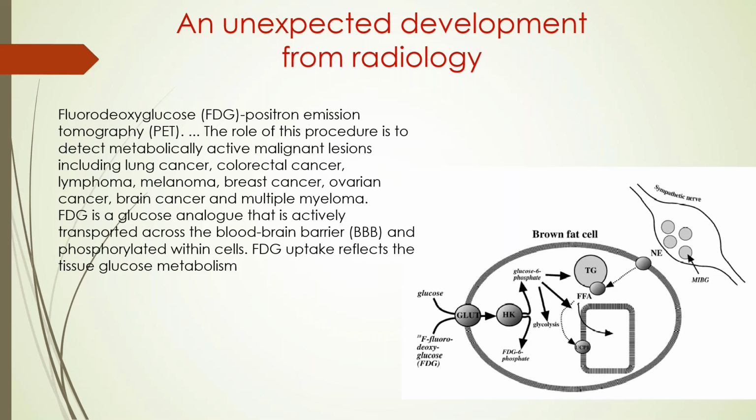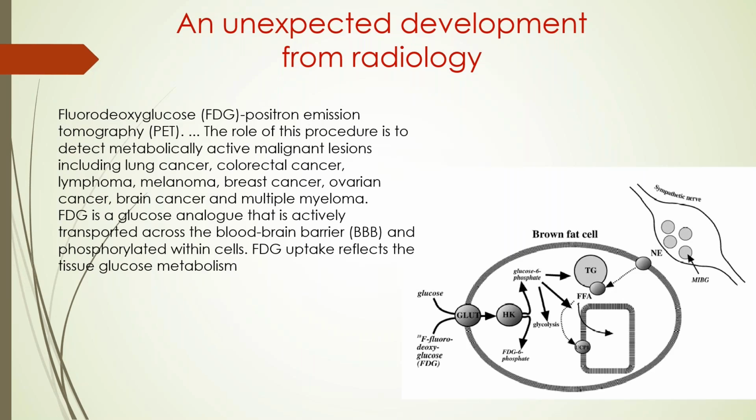So to detect a tumor inside the body of a human being, you can tag a glucose molecule with a radionucleoside, which is called FDG, fluorine-18 fluorodeoxyglucose. It emits positrons, which can be detected using PET scanning. So FDG positron emission tomography is a very well-known method of detecting tumors in the body.